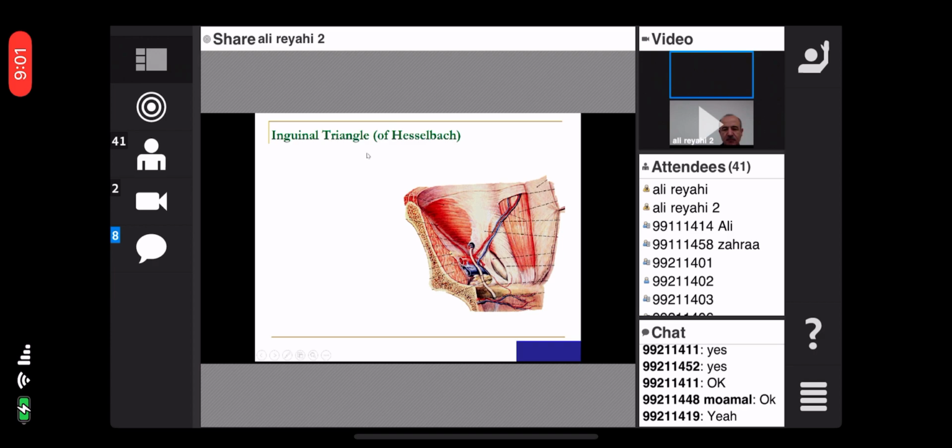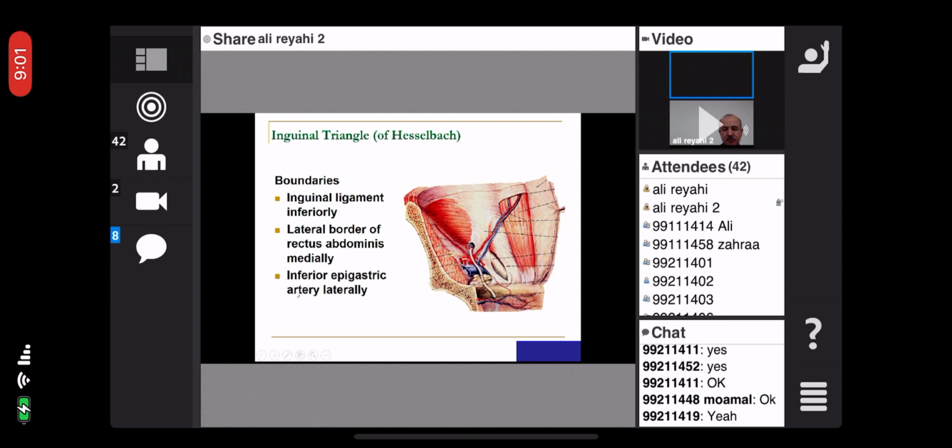Inguinal triangle. There is another term, it's called the inguinal triangle or Hesselbach triangle. Look at here. The boundaries of this triangle: inguinal ligament inferiorly, lateral border of rectus abdominis, and inferior epigastric vessels.